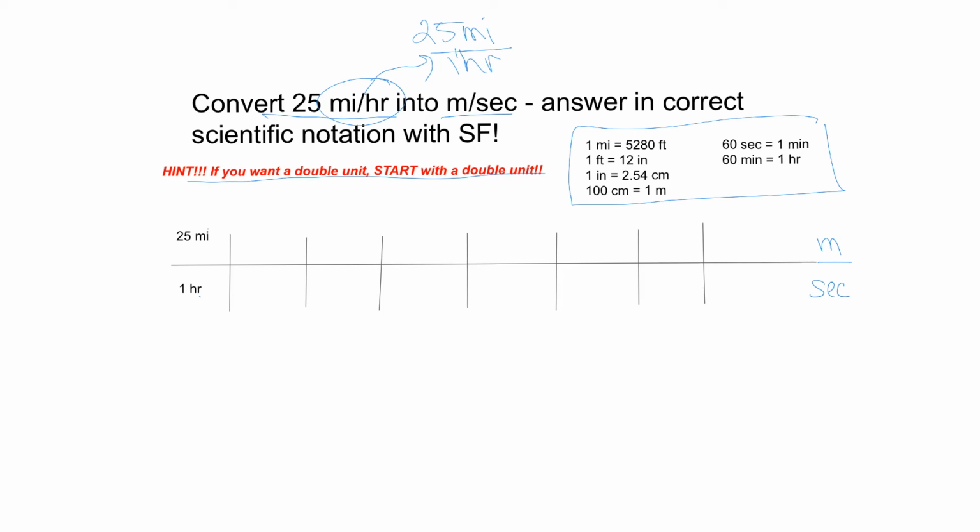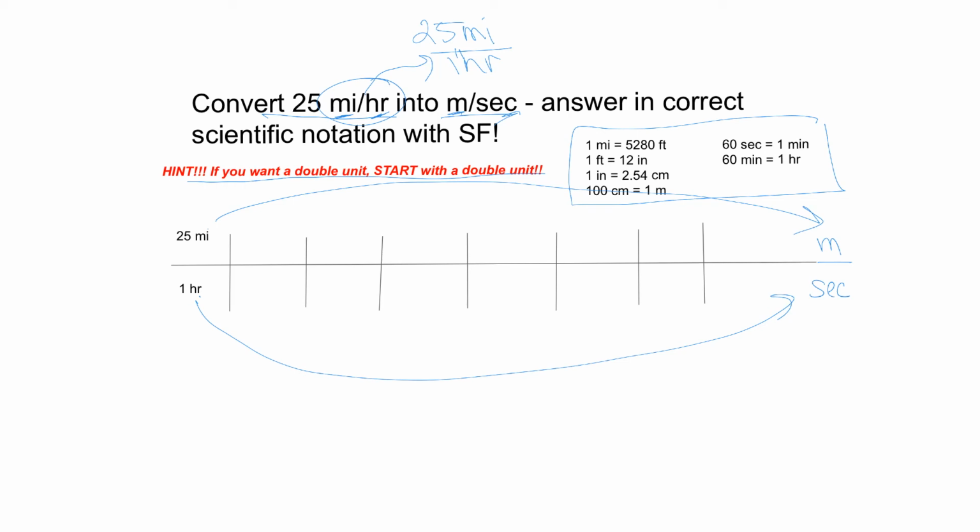I can see that I'm going from an English system to a metric system, and I'm going from hours to seconds. That's actually easier, the time thing, so I'm just going to do that first. It doesn't matter if you convert hours to seconds first or if you convert miles to meters first. So I'm going to do the easy part first, okay?